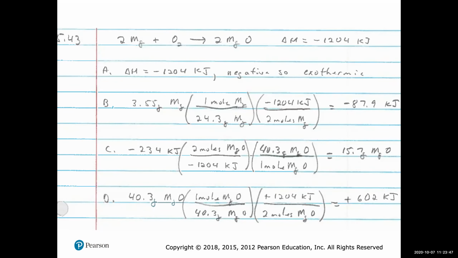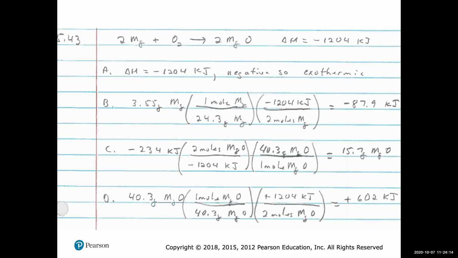If it's positive, it's endothermic. In B and C, we had examples of where if you start with a mass and are given some delta H value, you can convert that to an energy value. Key being that we have that balanced chemical equation and we look at the coefficients and factor those into our calculation. We also saw we could go the other way.